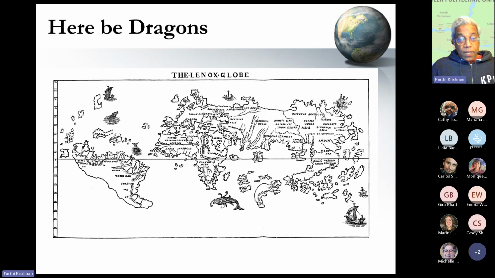So the first question I want to start off with is the phrase, "Here be dragons." So what you see on screen is the Hunt-Lennox reproduction of the globe that dates from 1508, and it is only one of two known instances of historical maps that actually use the Latin phrase "Hic sunt dracones," which means "here be dragons."